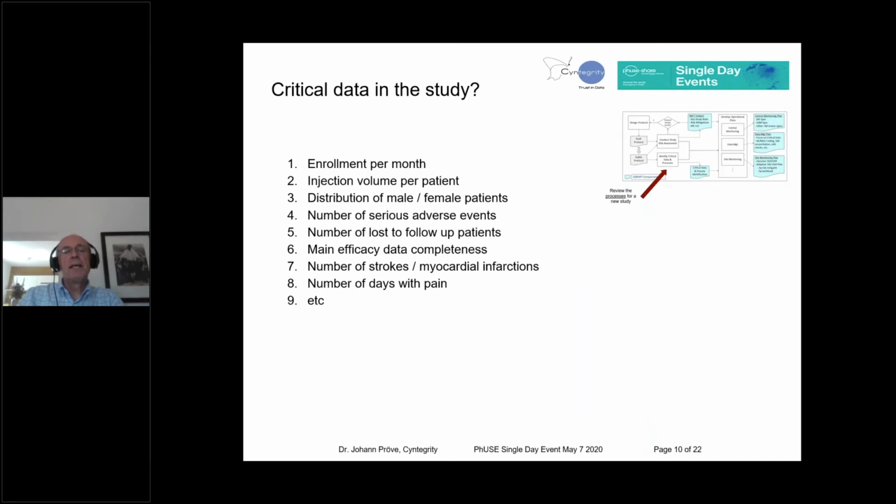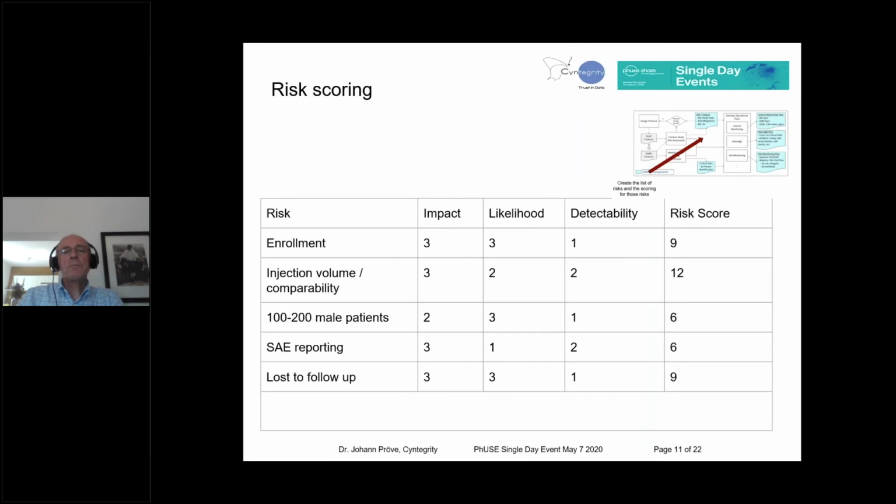So that is something that needs to be taken into account when looking at the critical data. And this also means that the study teams and project management, or whoever is involved, need to think about what is critical in my study. It's not an exercise to just push a button and create a lot of tables or graphs, because people need to fully understand what happens in their studies.